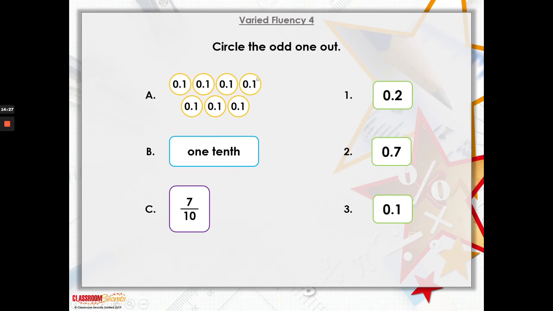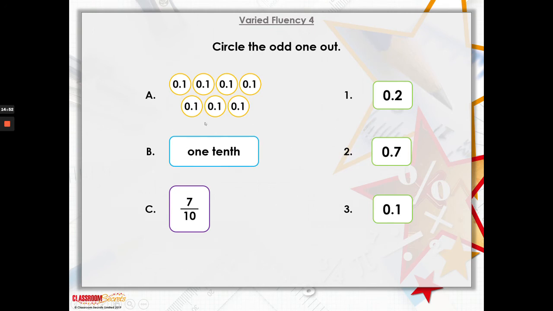So I have seven 0.1s here, and that would be 0.7, wouldn't it? And that matches this one here, because there's a 0.7 there, but actually these two also match, that's right, 7/10. Because remember, 0.7 is the same as saying I have 7/10 in my place value knowledge. So that one goes to that one, and that one goes to that one. So those three match, so they're fine.